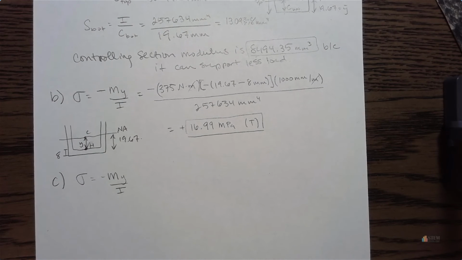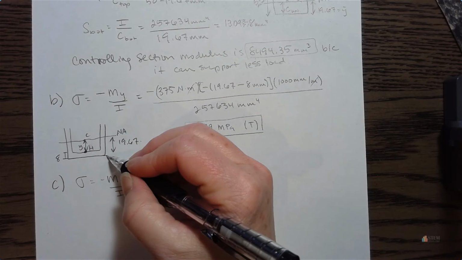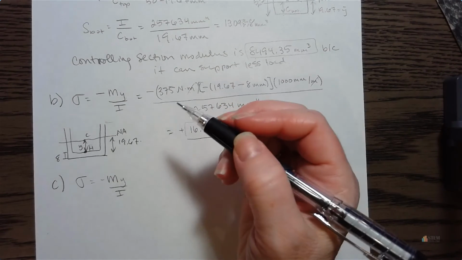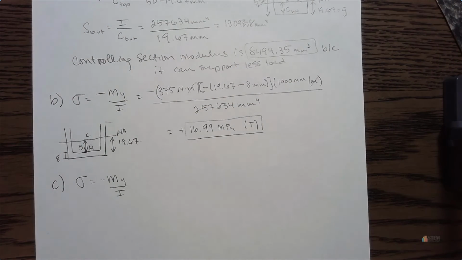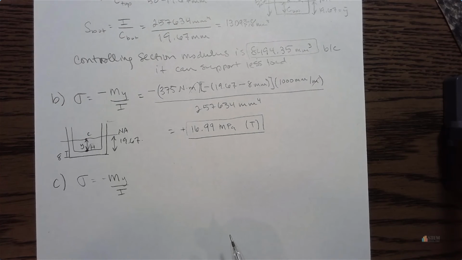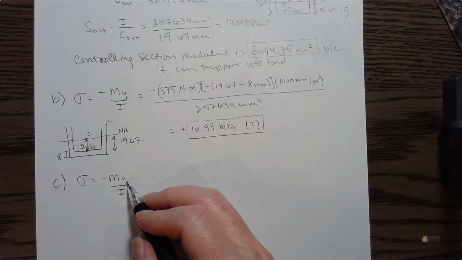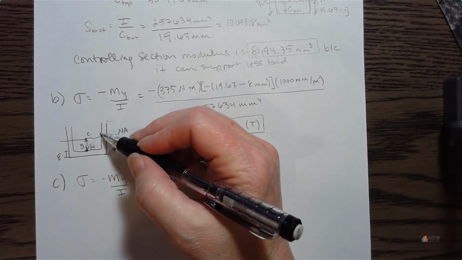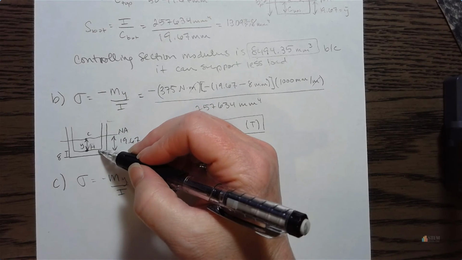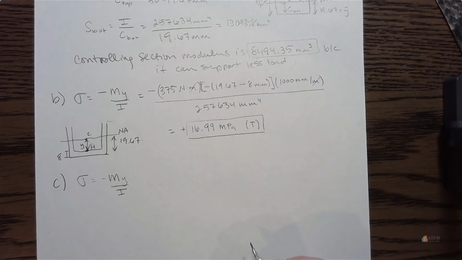Now the max stress is going to be either on the bottom surface or the top surface, right? So that's just your choice. It's got to be the top or the bottom. So what you want to do then is you basically need to find the y value that is the biggest. All right, so is the y value up on the top the biggest, or is the y value on the bottom the biggest? That's kind of what you have to figure out.